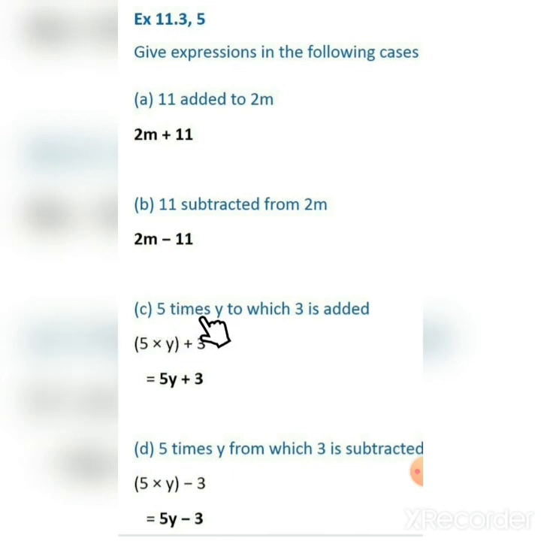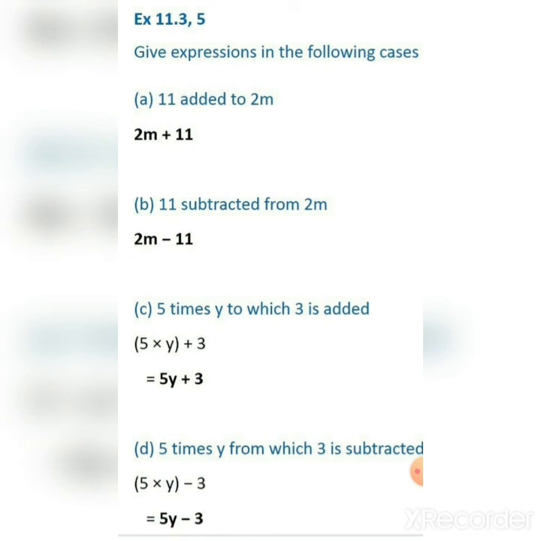So 5 times y, so 5 into y, to which 3 is added means plus 3. So 5 into y is 5y and plus 3. Then 5 times y, from which 3 is subtracted. So minus 3. So the answer is 5y minus 3.